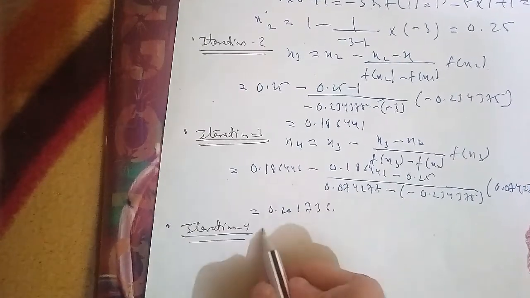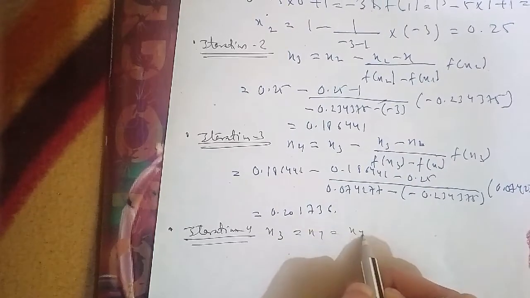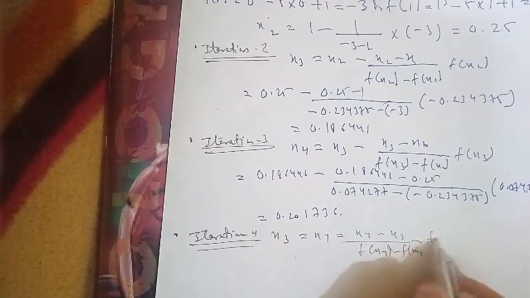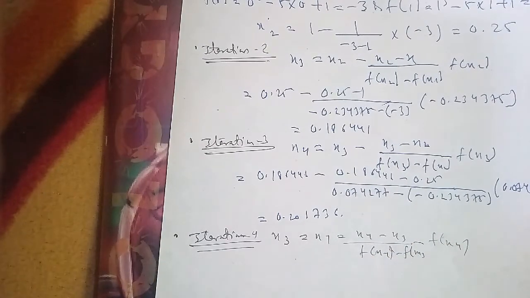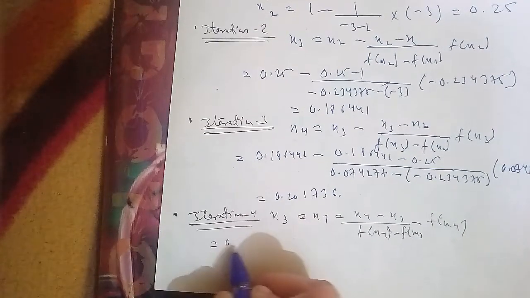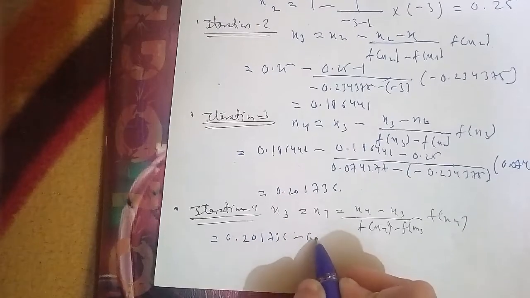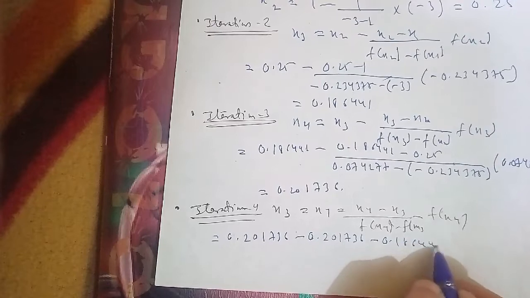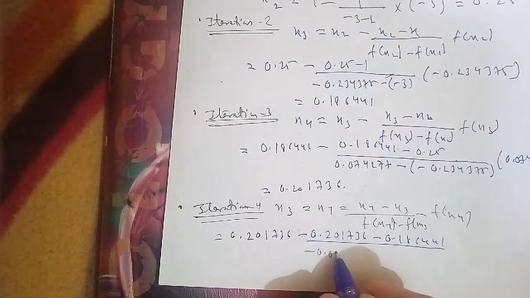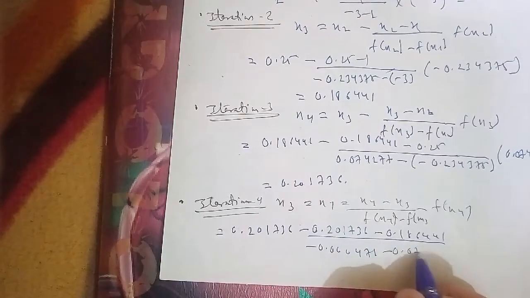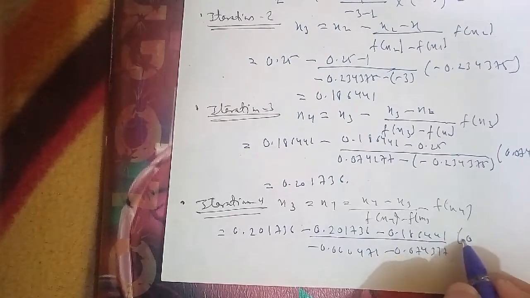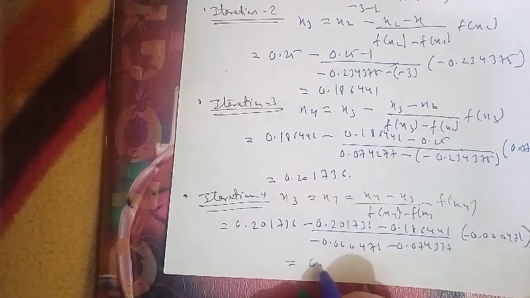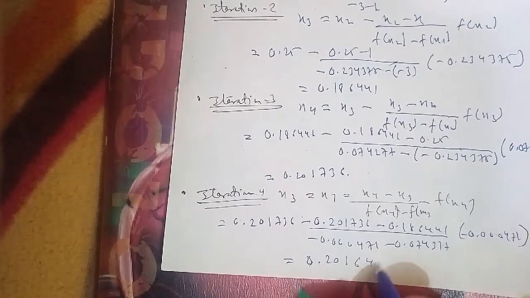For the same we have here, input the values here. 0.074377 minus 0.000471 equals 0.201640.